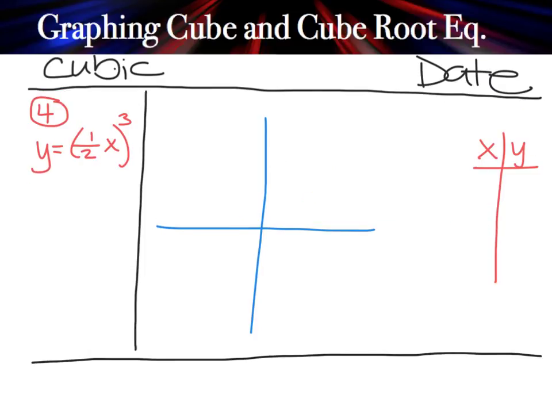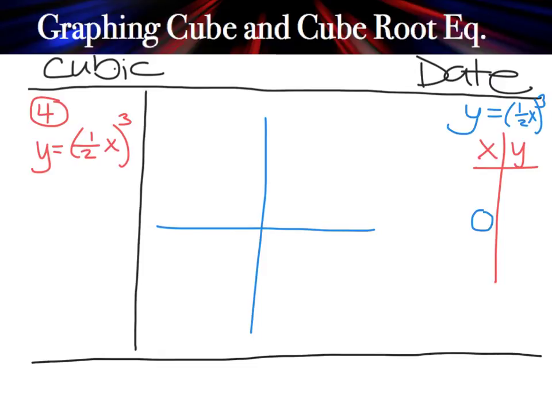So for our next problem, we're going to do something that has a horizontal stretch. And we're doing (1/2 x) cubed. Okay? So what I'm going to do is pick some numbers that will work with the 1/2. Now, I have to pick something that will multiply by 1/2 first and then cube it.